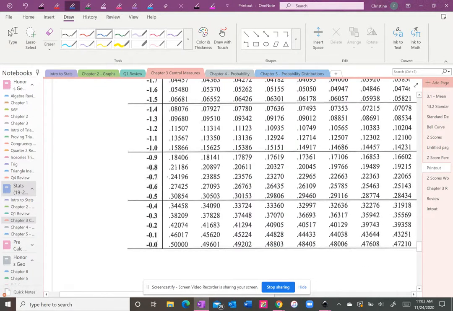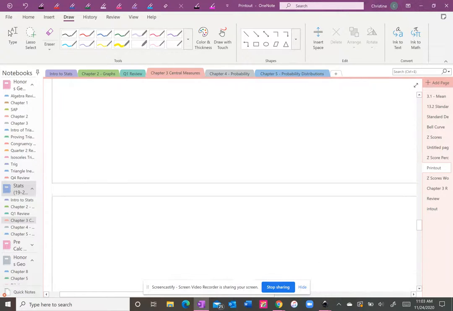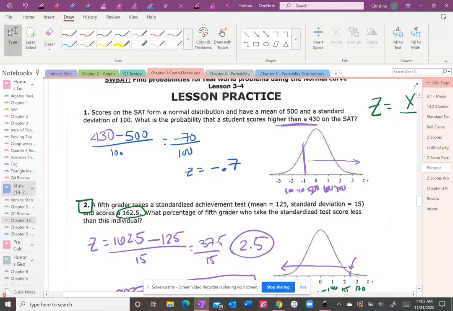So negative 0.70 is here. 0.24196. So what that is telling you is that 24.196% of people score less than a 430, which makes sense. Not that many people are getting that low of a score on the SAT.